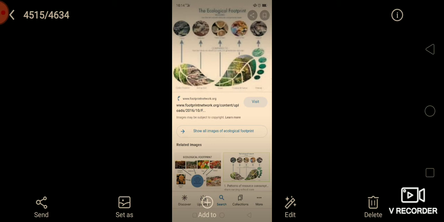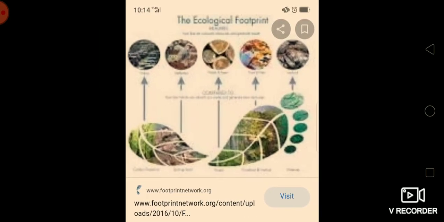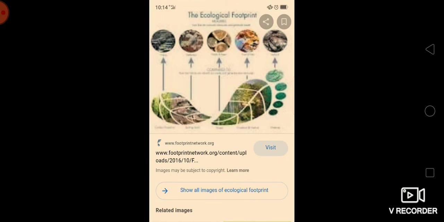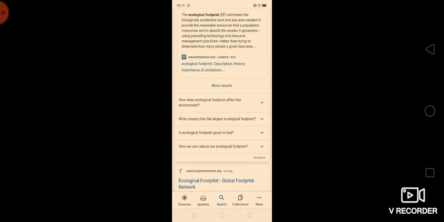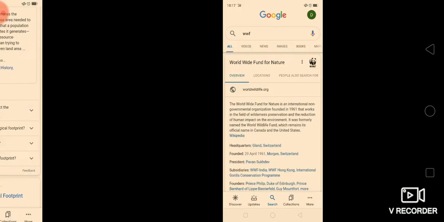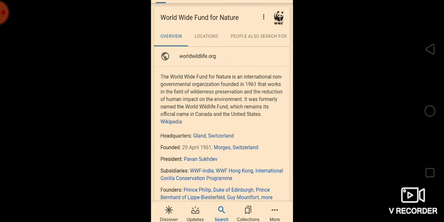Now let us see about the ecological footprint. You can see the picture here. We will see about the Worldwide Fund and how it was introduced, when it was introduced.